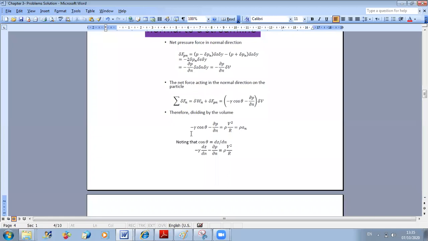You will end up with minus gamma cosine theta minus del P by del N equals rho A_N, or rho V squared over R. Now, if you go back to the figure, what is cosine theta?